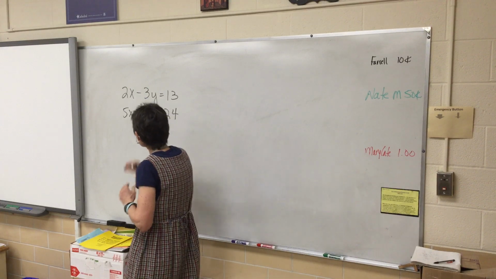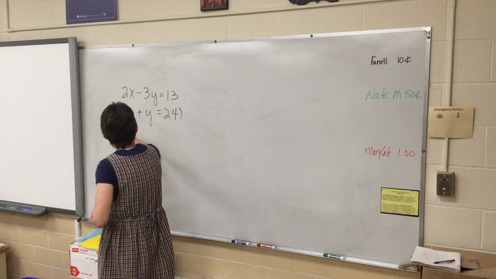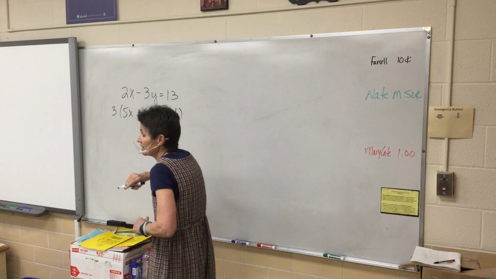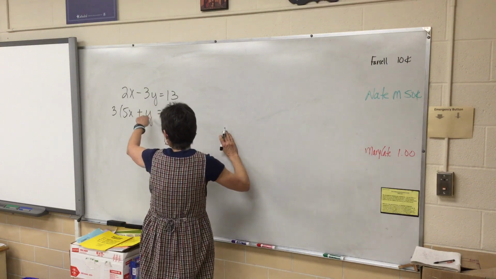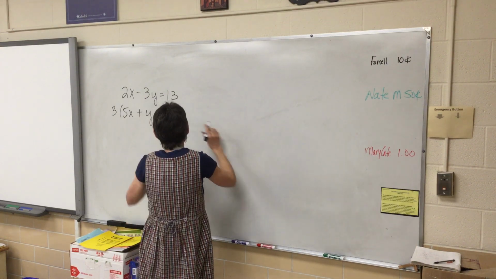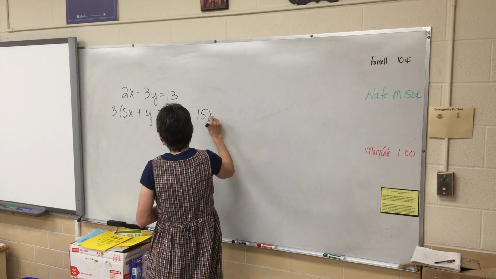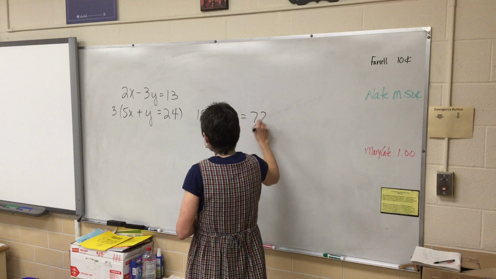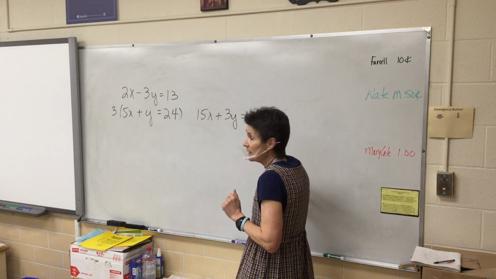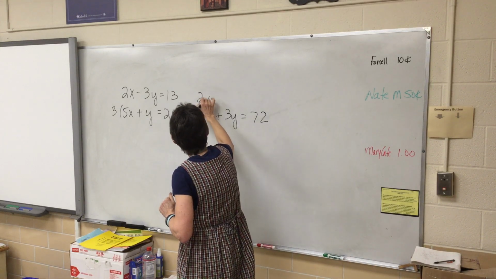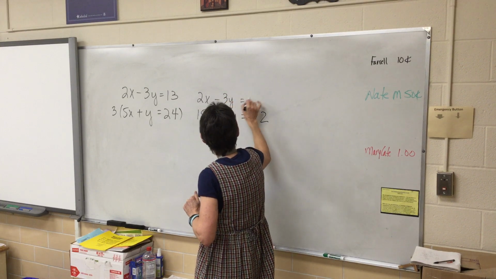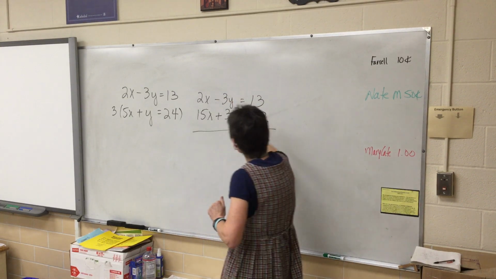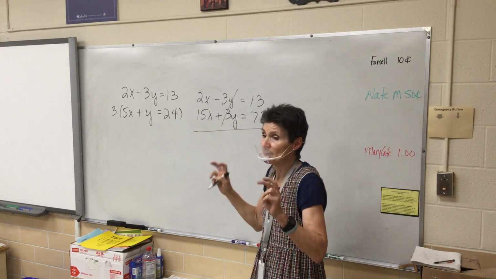So in this case, if we were to multiply this second equation by 3, do you see what's going to happen here if I multiply by 3? I'm going to have 15x plus 3y equal to 72. And then when I add that to 2x minus 3y equals 13, those are eliminated.